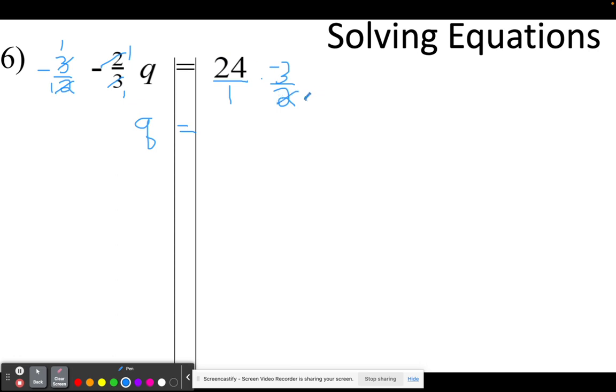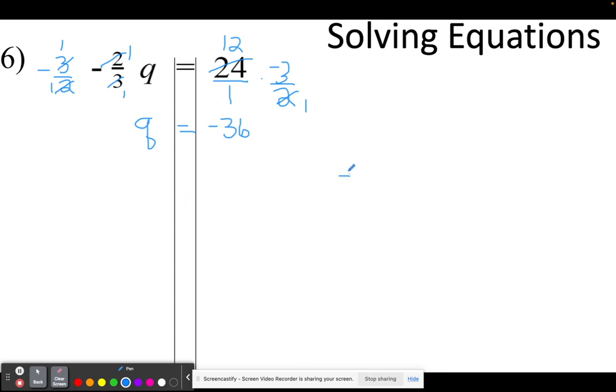This becomes a 1. This becomes a 12. 12 times negative 3 is negative 36. And 1 times 1 is 1. I could put it over 1. I don't need to.